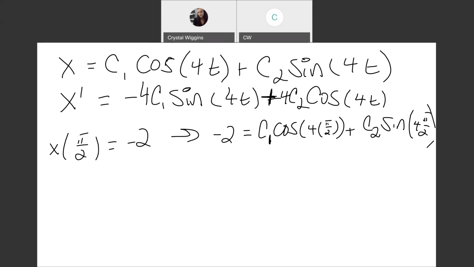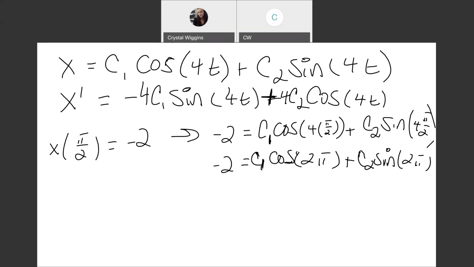We're going to have room to do double parentheses on that last one. So if we simplify, we have -2 is equal to c1 cosine 4 times pi over 2, which is just 2 pi, plus c2 sine of 2 pi.